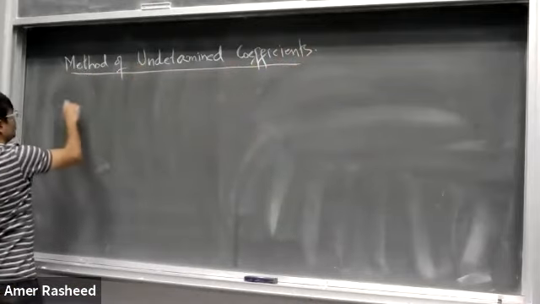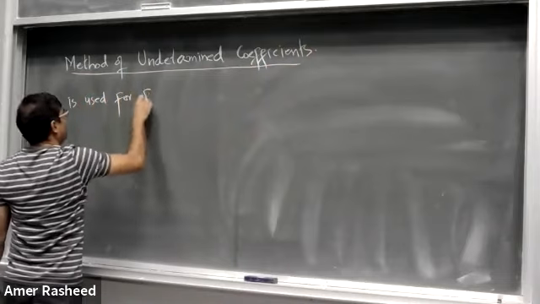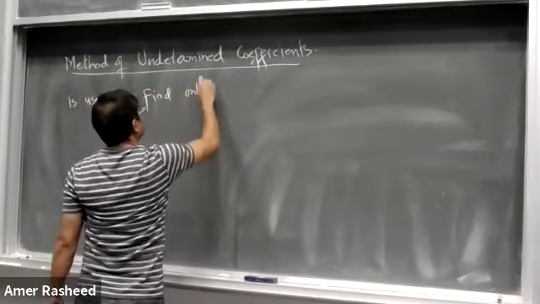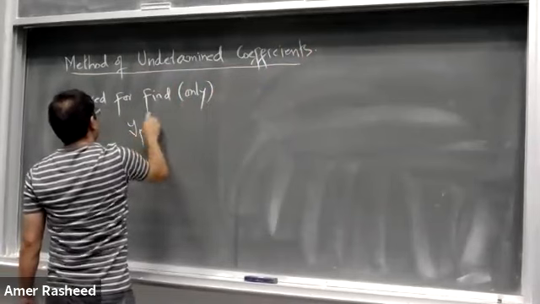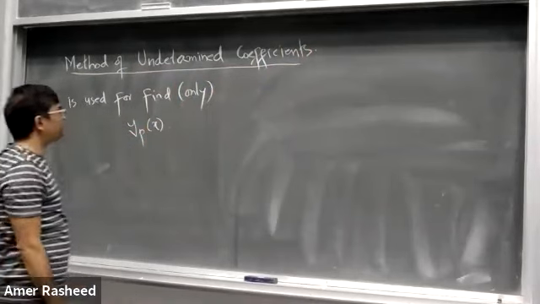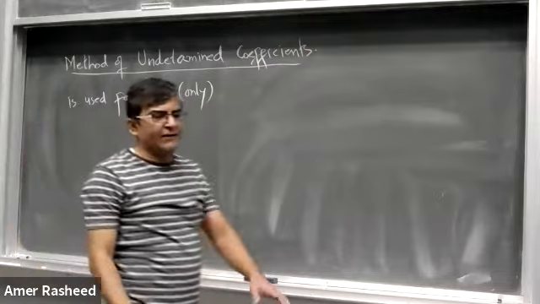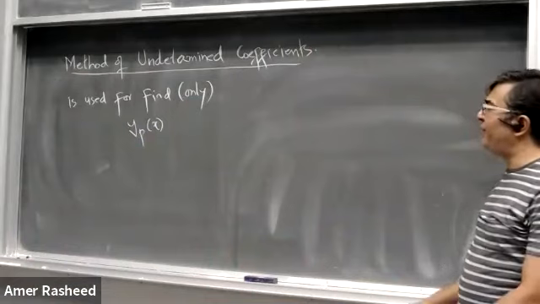This method is used for finding only y p of x. Because y c of x is already known by writing the associated homogeneous differential equation, and then we find y p of x.